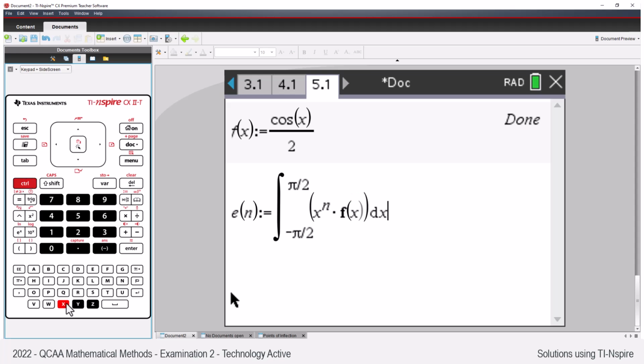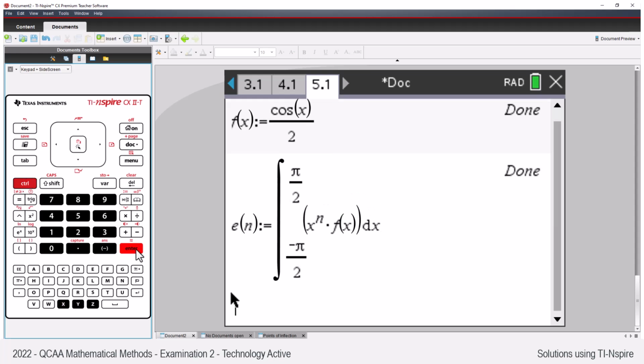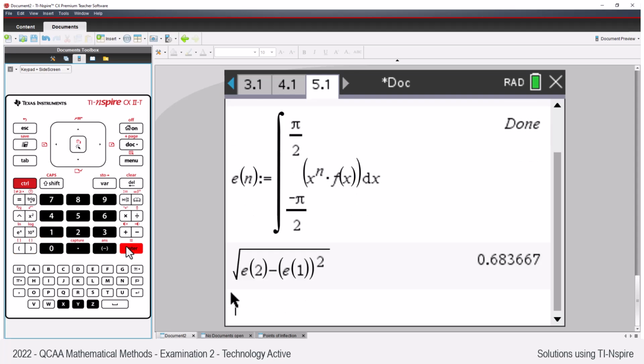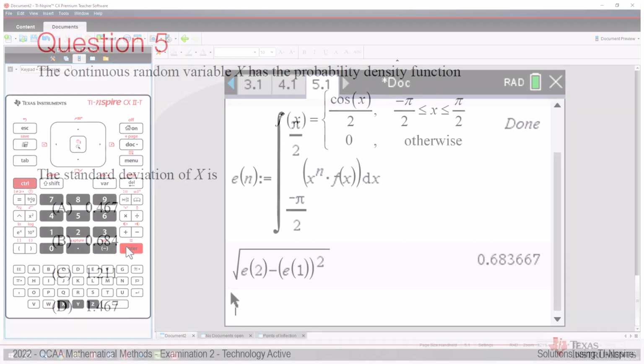Now I can calculate the square root of E of 2, which is the expected value of x squared, minus E of 1 all squared. And I get the answer 0.684, which is option B.